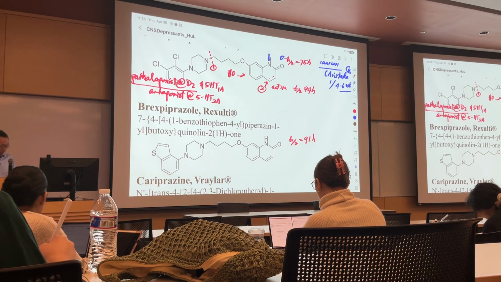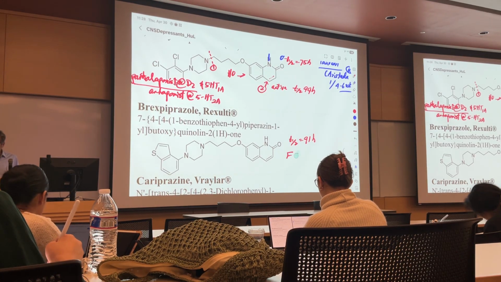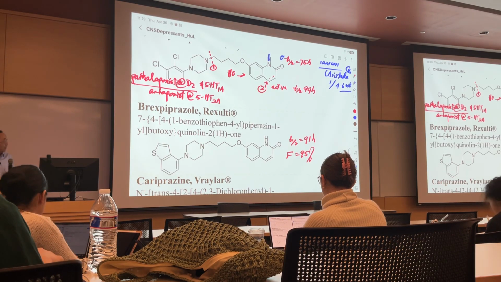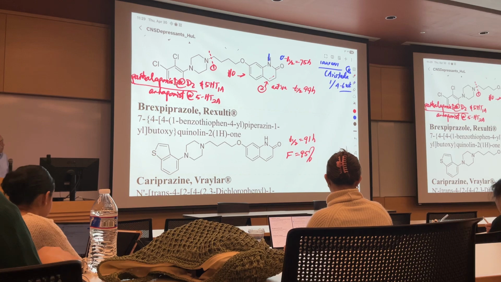Oral bioavailability is similarly high, about 95% of the drug is absorbed for brexpiprazole.